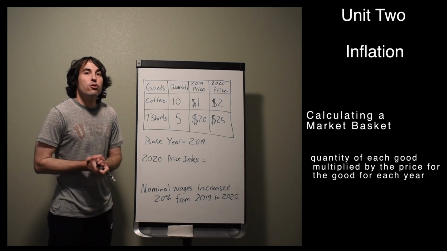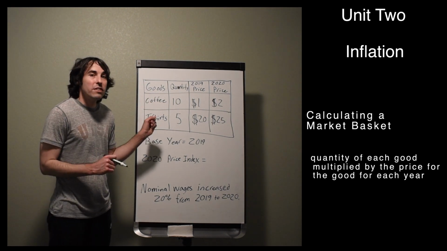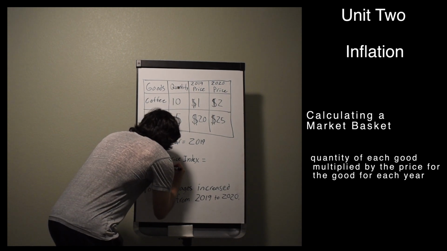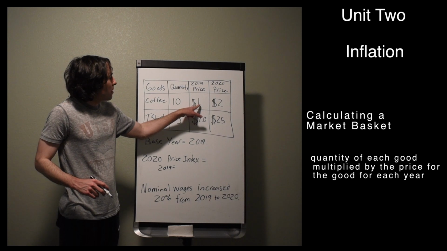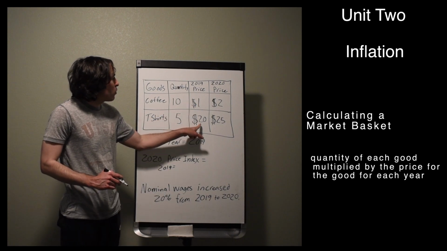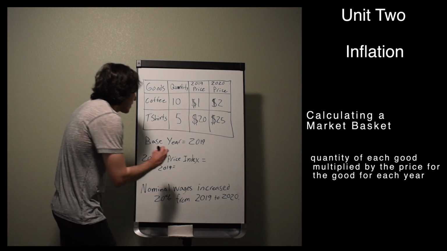To get the price index for 2020, we're going to have to calculate the cost of a market basket for both of these years. So first, 2019's market basket cost is going to be the 10 coffees times the $1 price that they cost that year, so that's 10 bucks, plus the 5 t-shirts times the $20 price that they cost in 2019. So that's going to be $110.